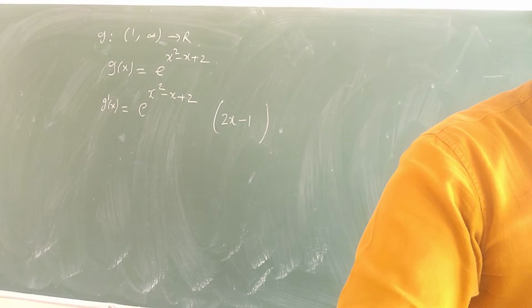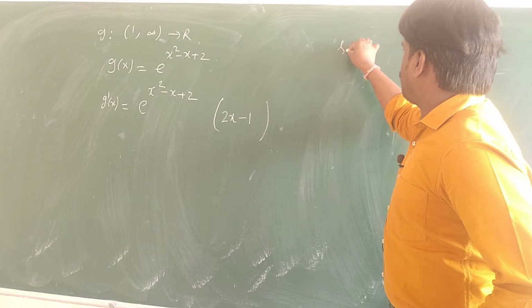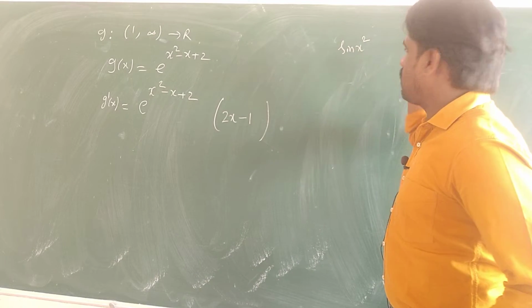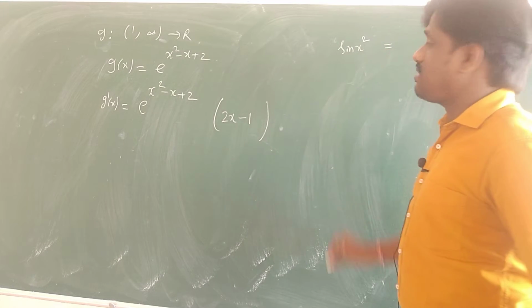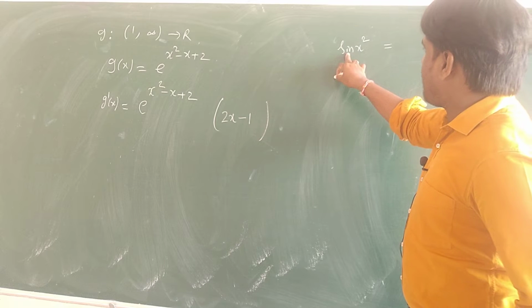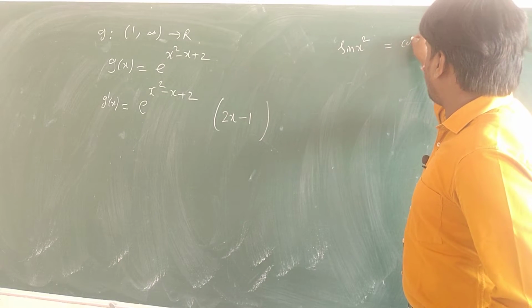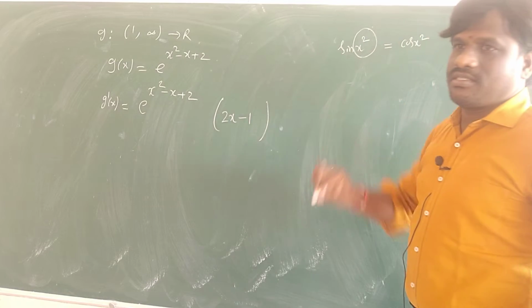Last year I explained it to them, so they know all these things. Suppose you have sine square x. What is the differentiation of sine x? Cos x. So the differentiation of sine x square will be cos x square, and again the differentiation of the argument.